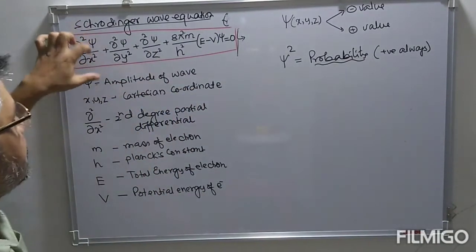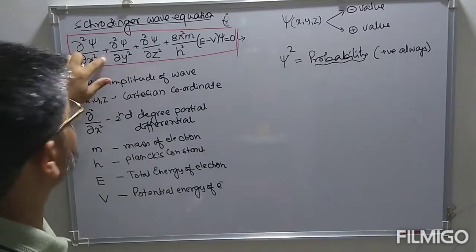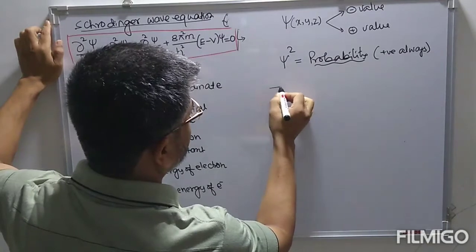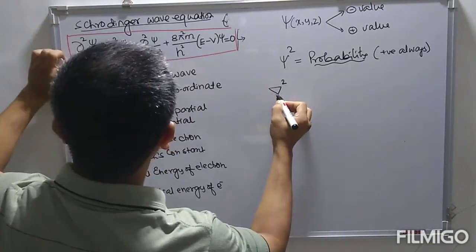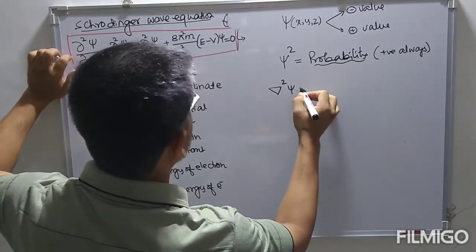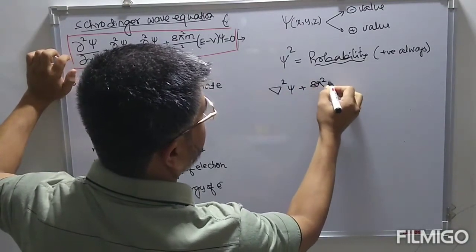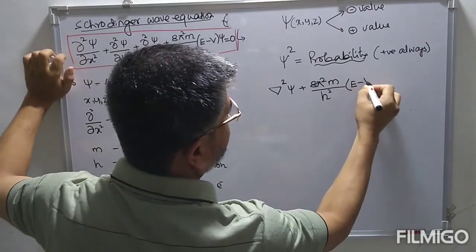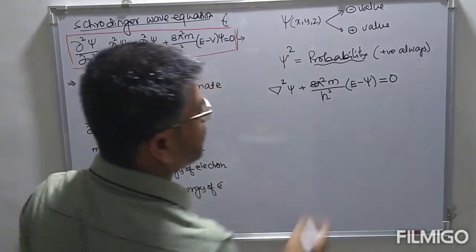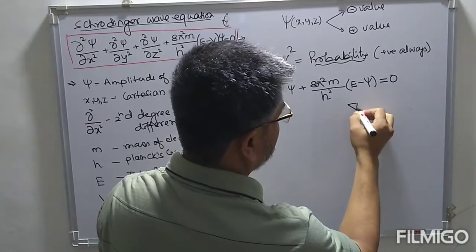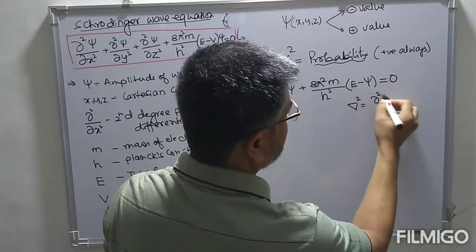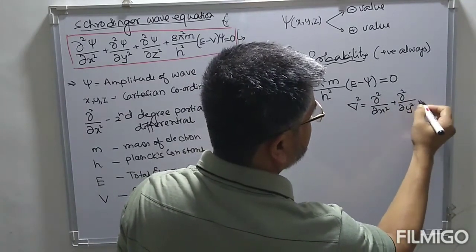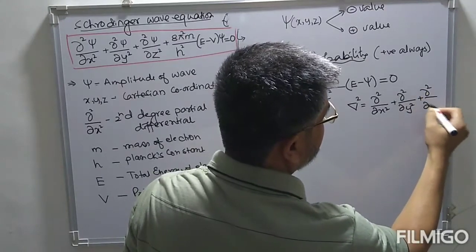So we have this equation, which can also be written as del square psi plus 8 pi square m by h square (E minus V) psi equals 0, where this del square is equal to del square by dx square plus del square by dy square plus del square by dz square.